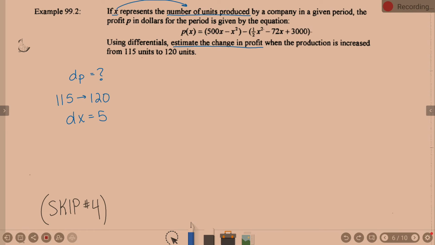Since x is number of units produced, dx is 5. And I should point out that production was increased, yes? Would it be a slightly different scenario if it said decreased? Yeah, okay. So the fact is increased, it's a positive change of 5.